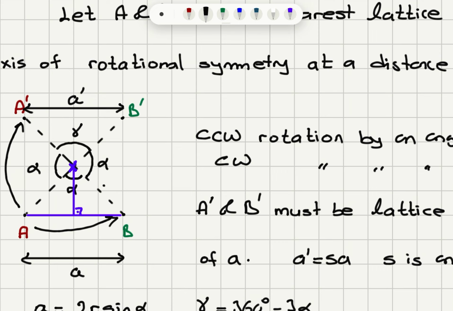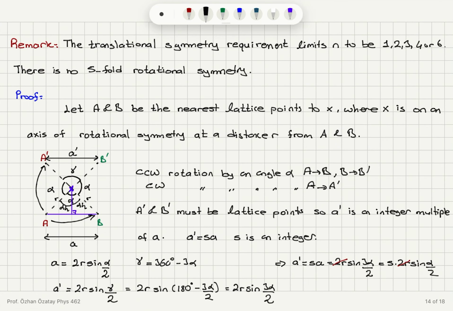So this distance is r, this distance is r, and this angle is alpha over 2 and this angle is alpha over 2. So r sine alpha over 2 will give me half of a. So 2r sine alpha over 2 is a.